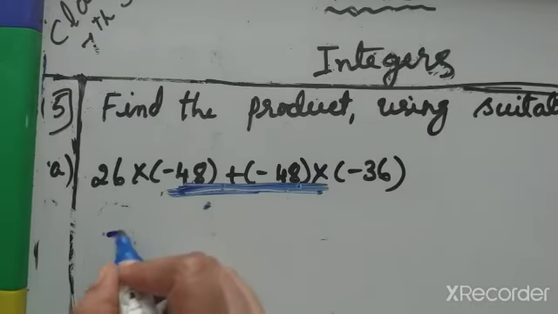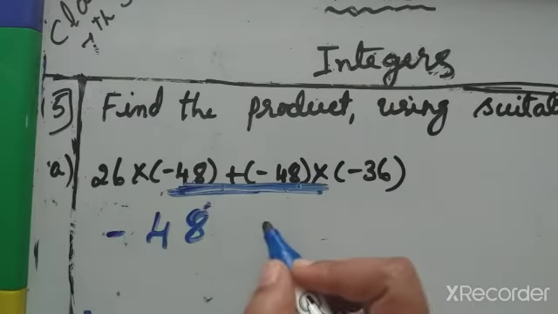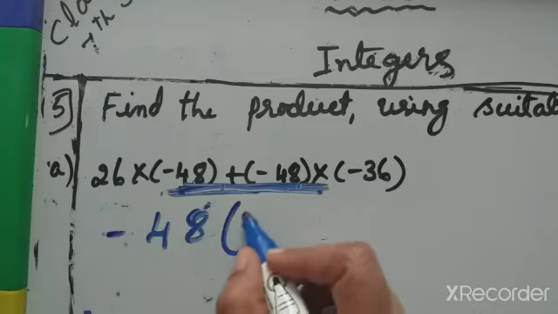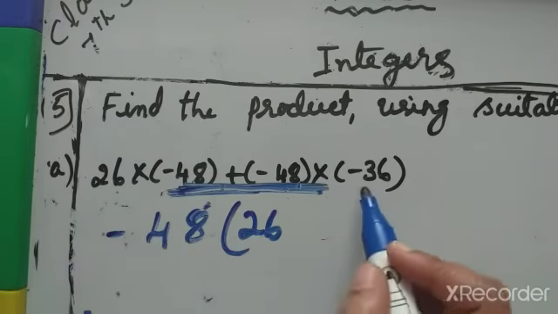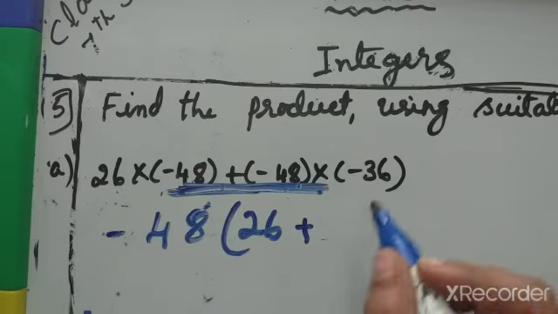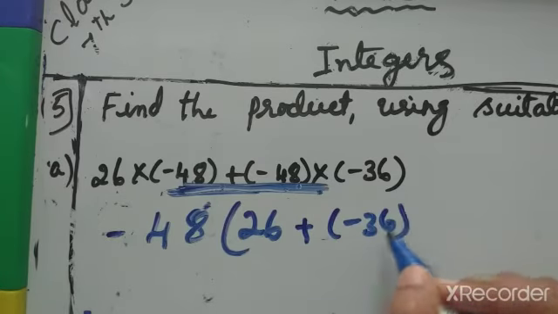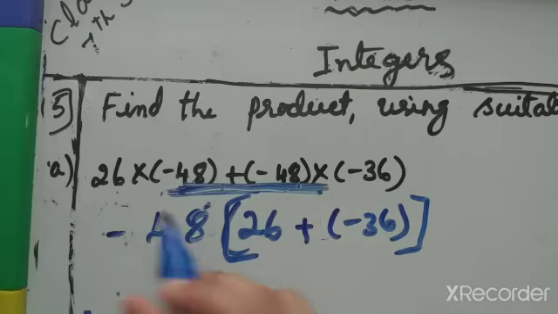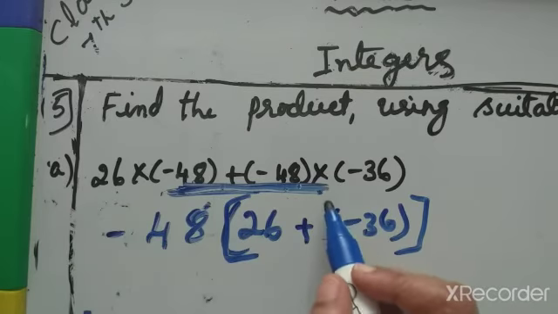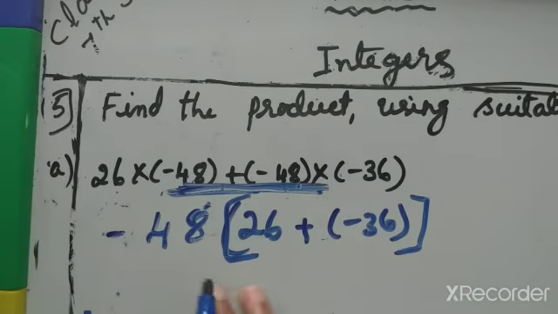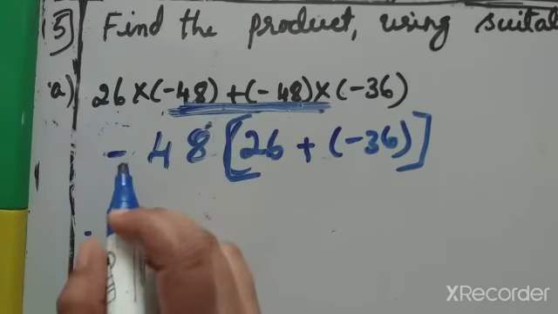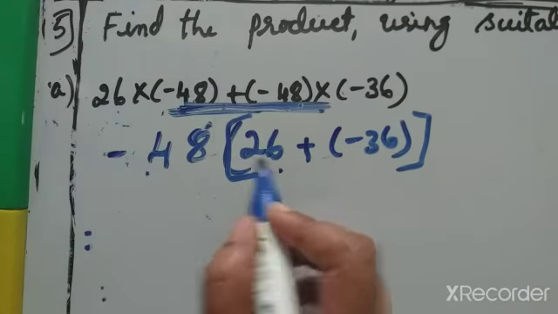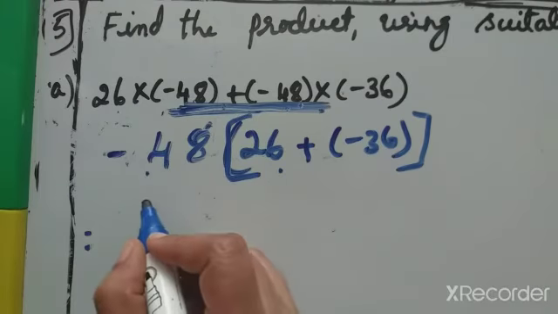So common number we can take minus 48, and bracket 26 plus minus 36. Now we have to distribute minus 48 with 26, again minus 48 with minus 36.